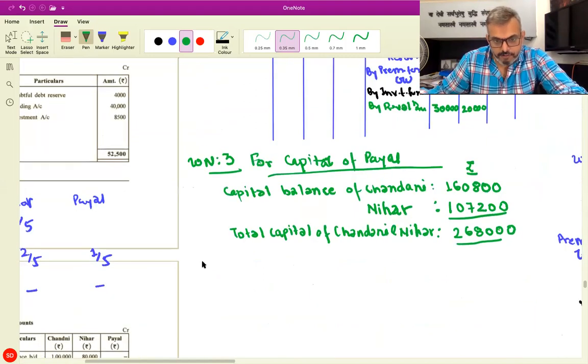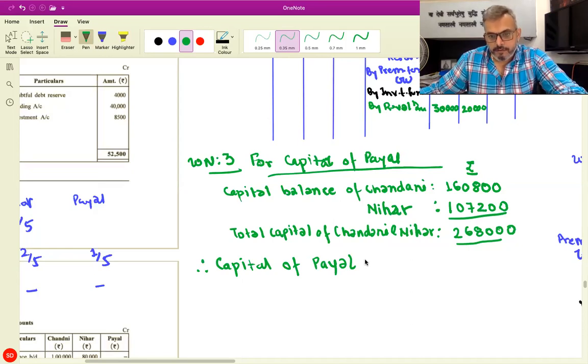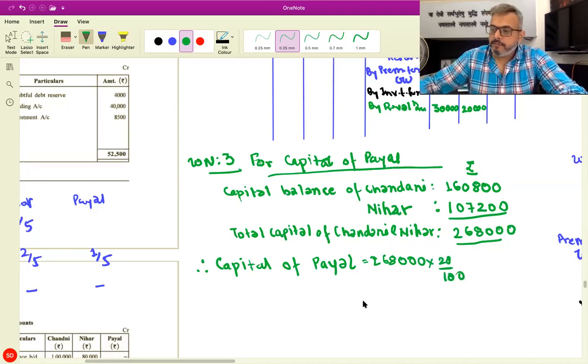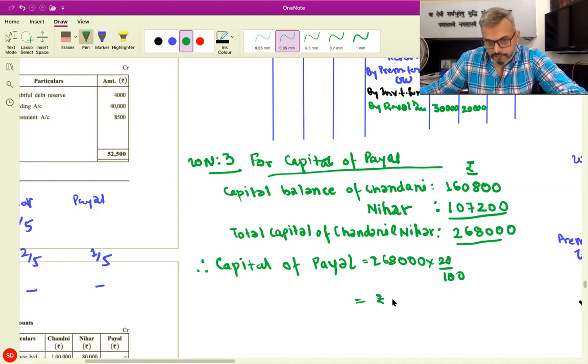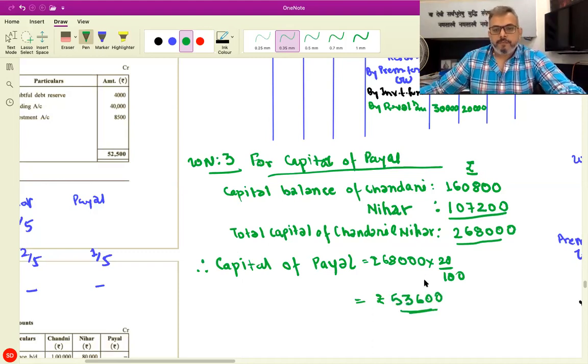So therefore, capital of Payal is equal to 2,68,000 into 20 by 100, into 20%. So rupees 53,600.